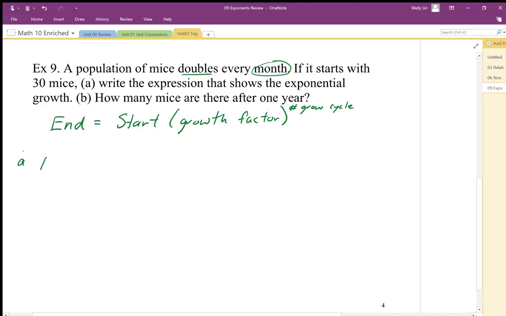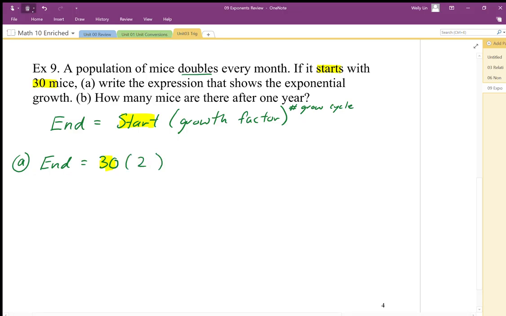So for part A, the end amount is equal to the starting amount of 30. Okay, maybe I will just highlight these pieces. So the starting amount is 30. My growth factor is going to be times 2.